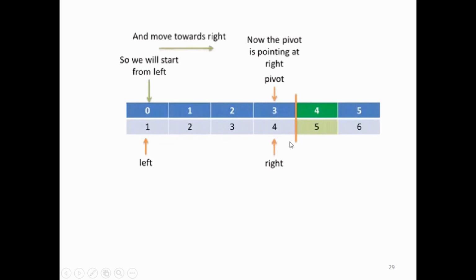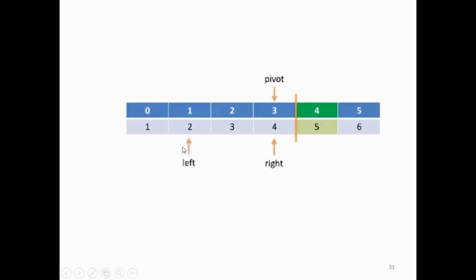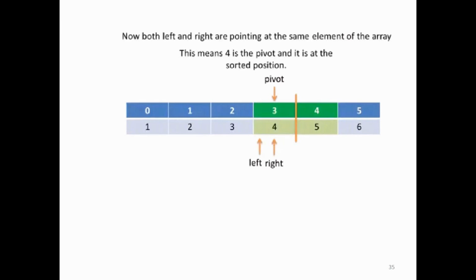Another time the pivot is greater than the leftmost element, so the leftmost element increases its index. In the same process the leftmost element overlaps with the right, so the number 4 is sorted.